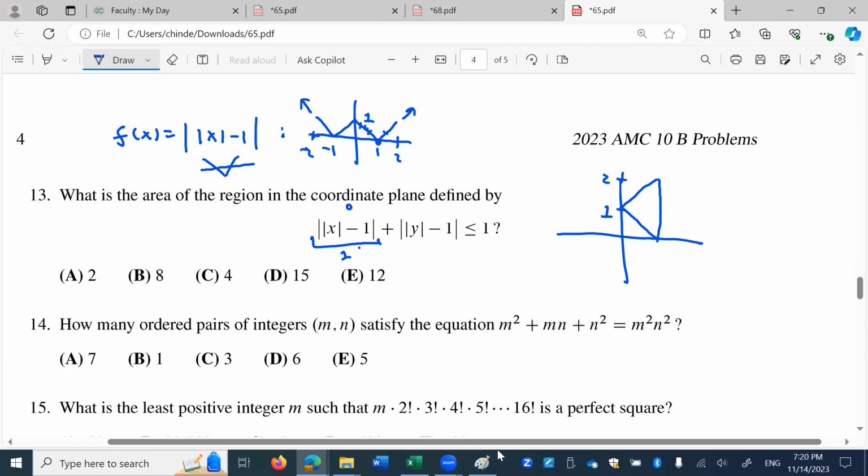And now we're going to have some symmetry going back. And so anything inside of this square is going to satisfy the inequality. What is the area of this square? Well, the side length is √2, so the area is 2, and there's 4 of them. So 2 times 4 is 8.